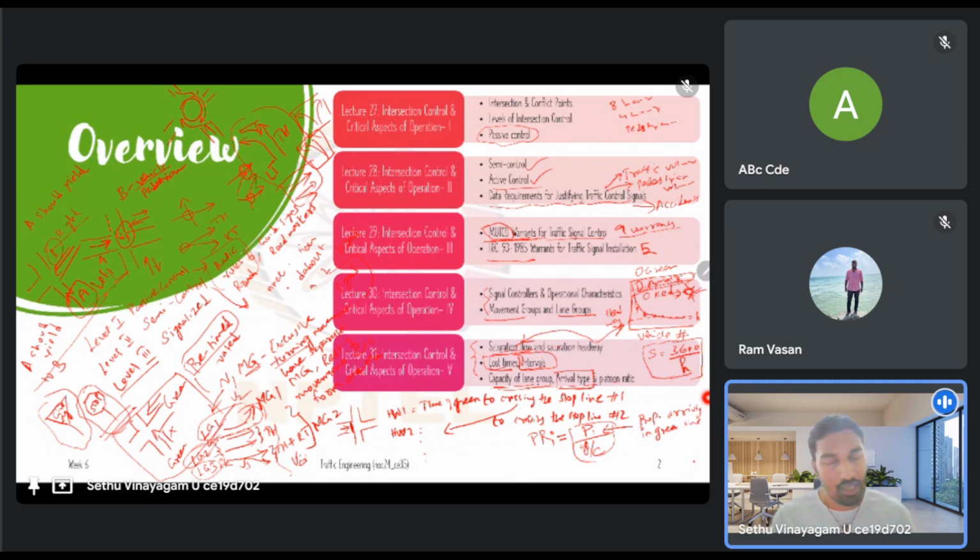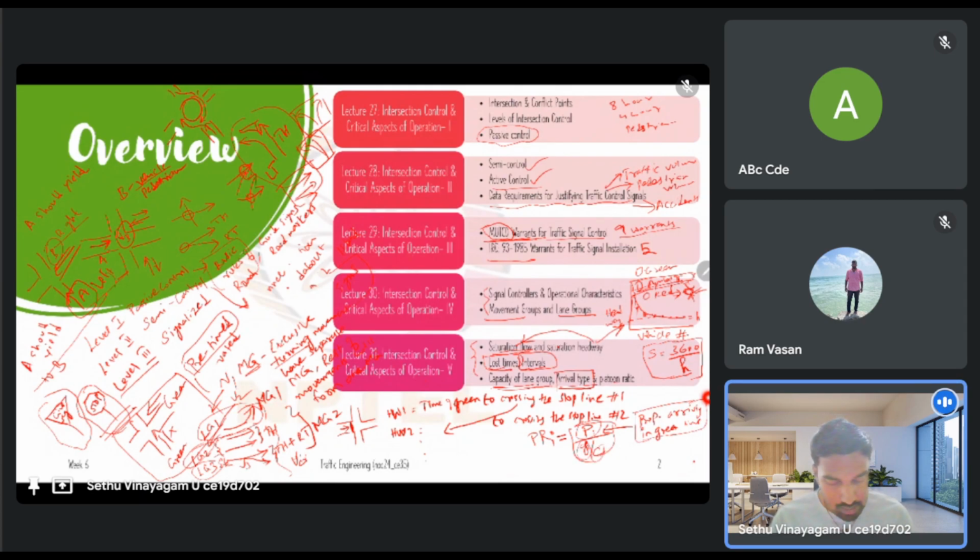So vehicles will be arriving at all the time in the signal, right? So some will be arriving when the signal is green, and some vehicles will arrive when the signal is red. So we take the total number of vehicles that are arriving in a cycle, and then look at what percentage of the total came in the green time, right? So that is Pi. And then this gi by C is called the green ratio, the effective green ratio.